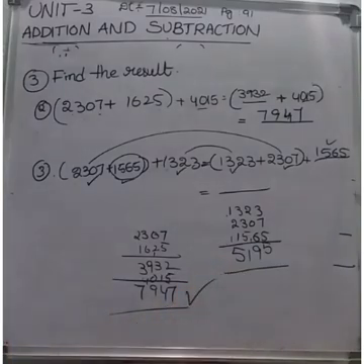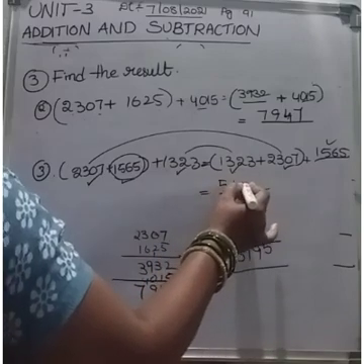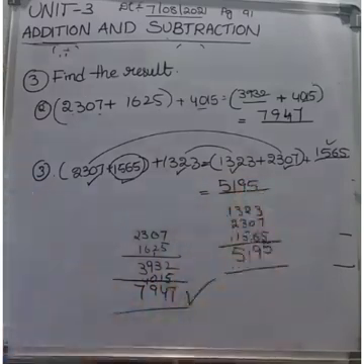So what total do we get here? 5195. Right, in this blank, 5195.